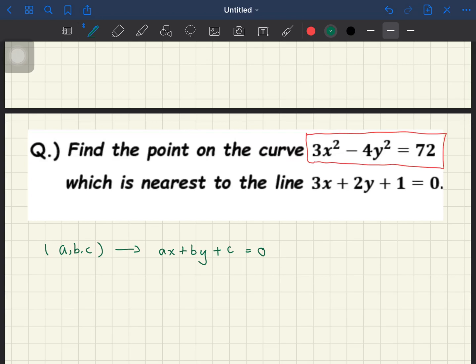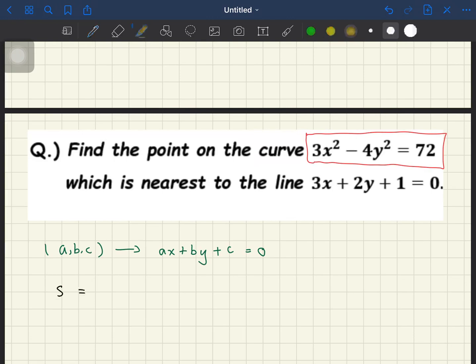There is a particular formula you can use. We can name the shortest distance as a small d, or I can just say s. Later you will see why.